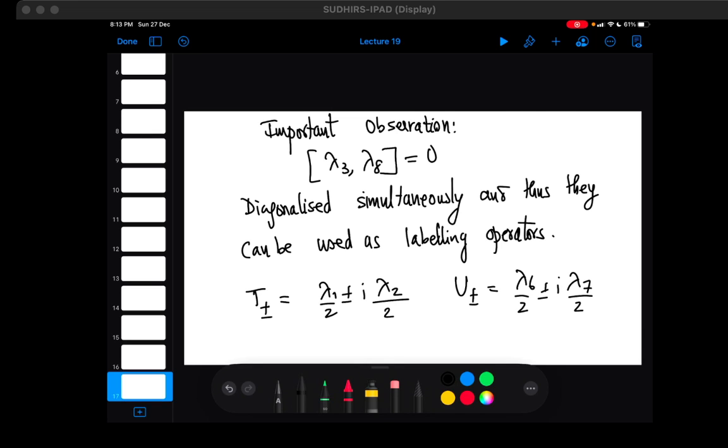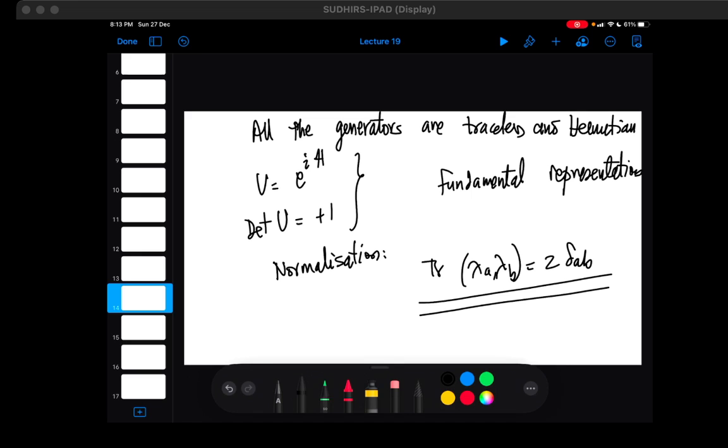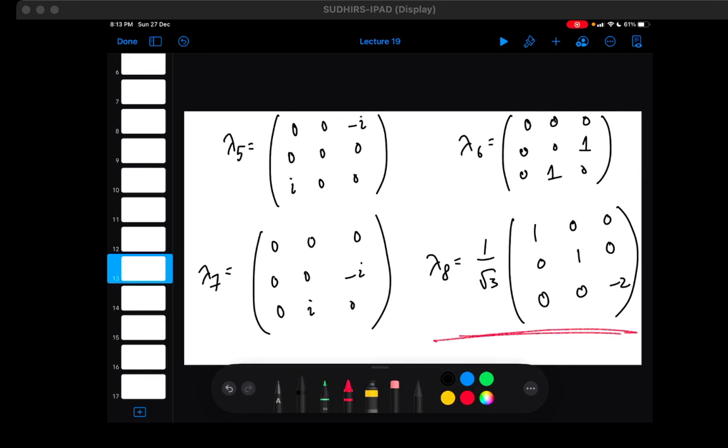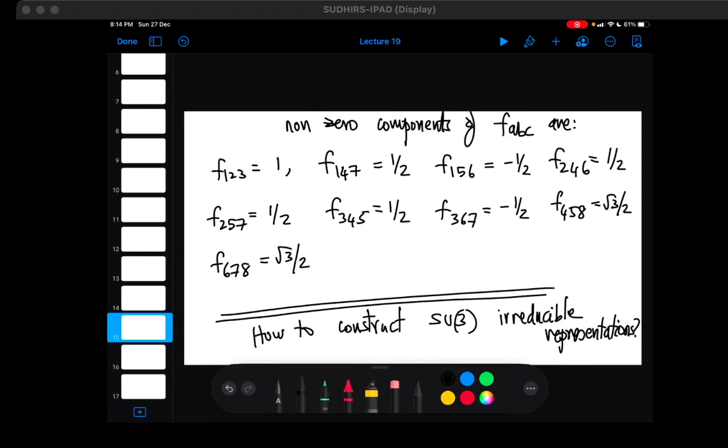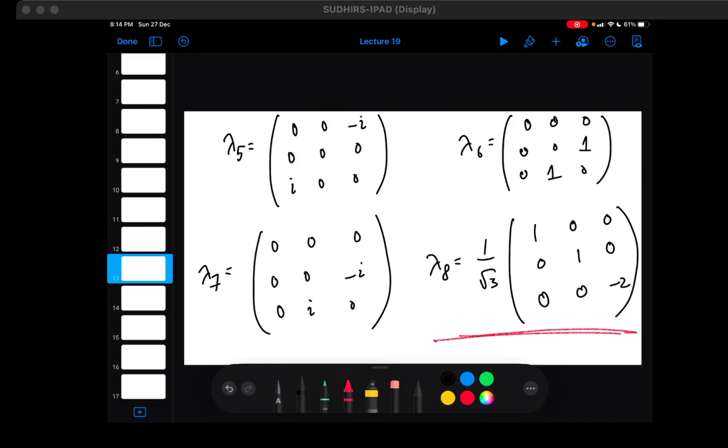Then you can have another raising and lowering operator which involves 4 and 5. So 1 and 2 would be only in lambda 3, while lambda 8 can also have an opposite direction. Sorry, this is moving too fast. We need one raising and lowering operator in the bottom 2 by 2 block of lambda 8.